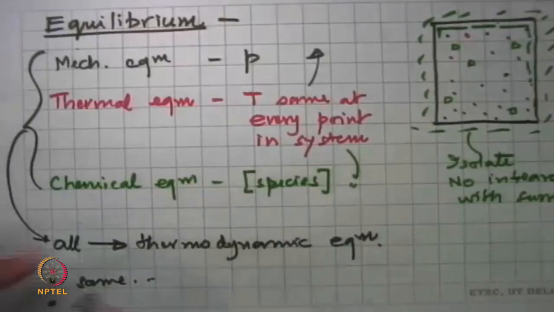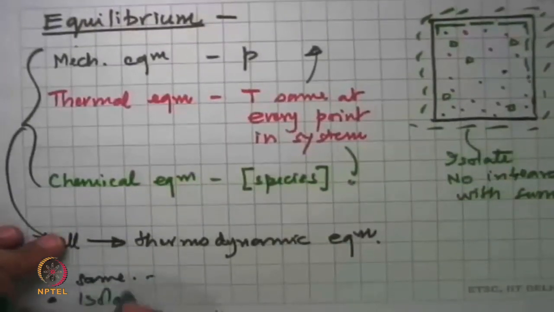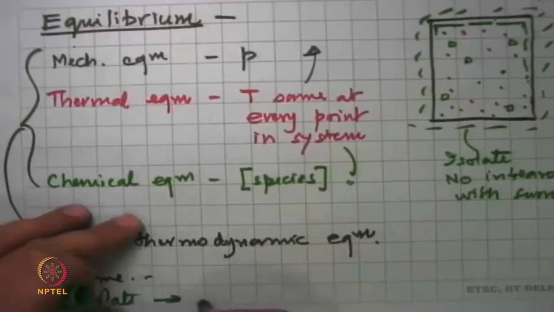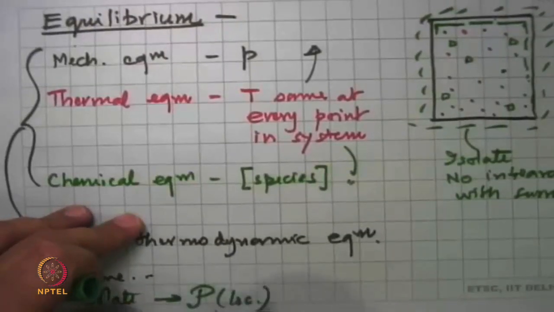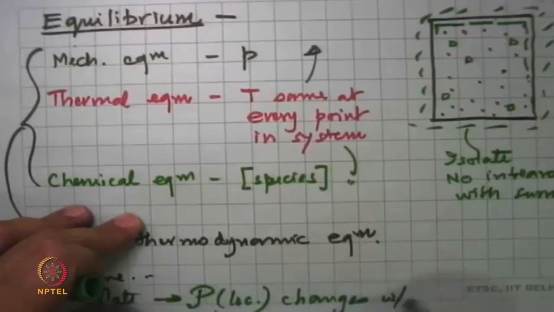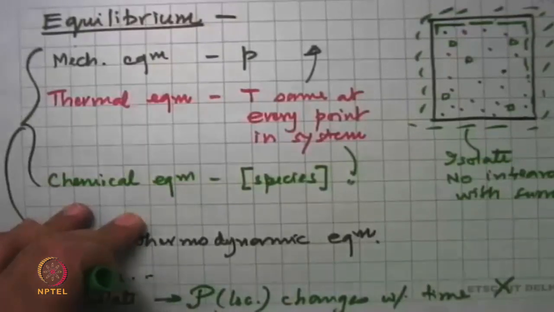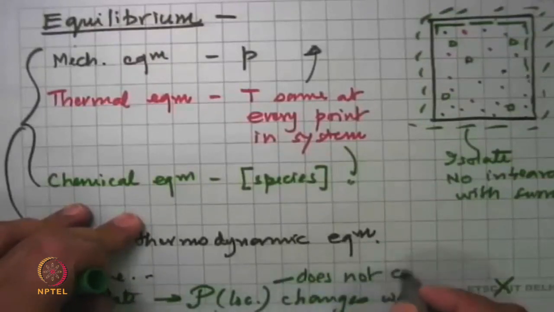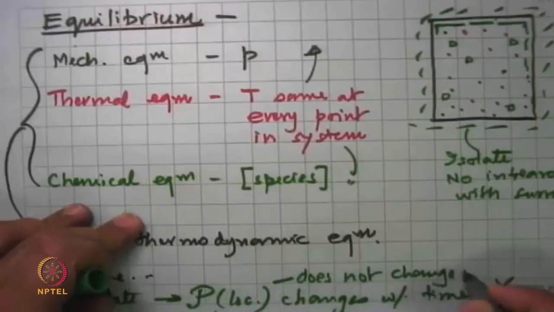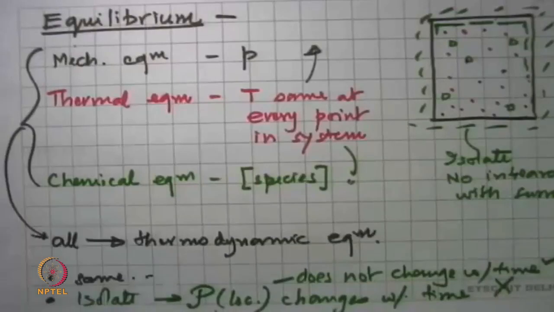So if you isolate the system, and if any property at any location changes with time, then the system is not in equilibrium. If at any location the property does not change with time, then the system is in equilibrium.